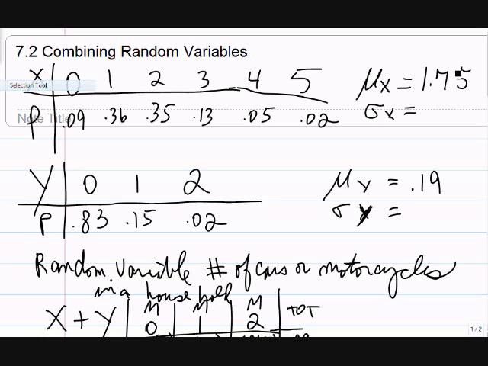Yeah, a little cumbersome to do that without a calculator, isn't it? Can be done. It wouldn't be too hard on the motorcycles, but for the cars, it's a pain. 1.08, good. And for the motorcycles?